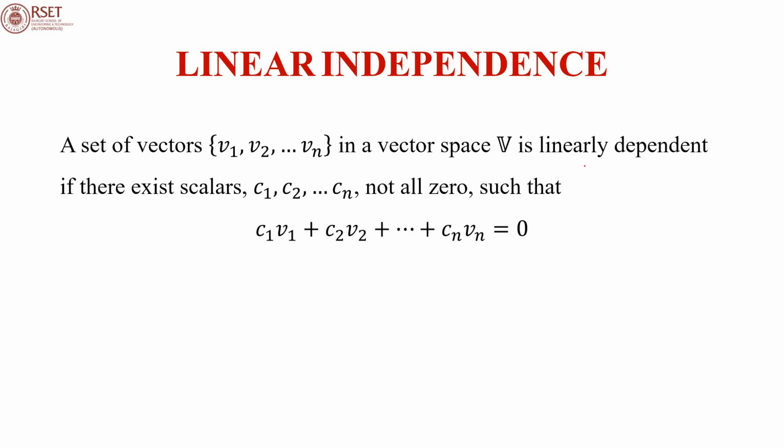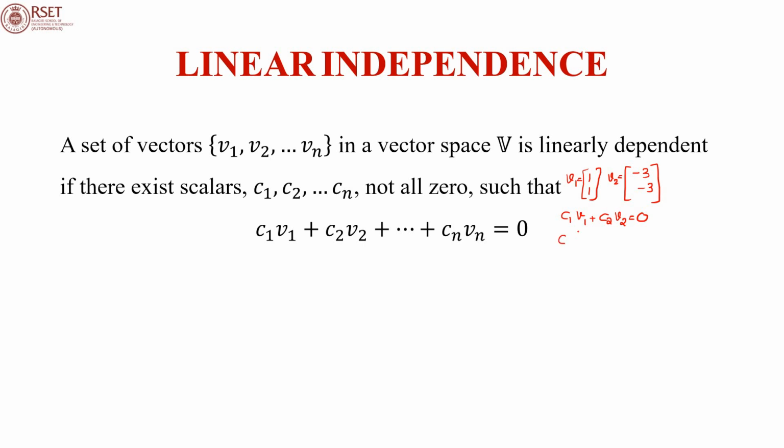I'll give you an example. Suppose we consider two vectors (1, 1) and (1, -3) in R2. This is my v1 and this is my v2. Now suppose I am considering c1 v1 plus c2 v2 is equal to 0. This is the equation I have to consider.